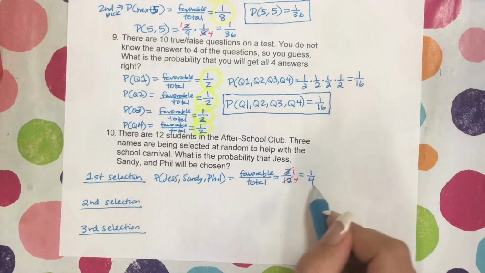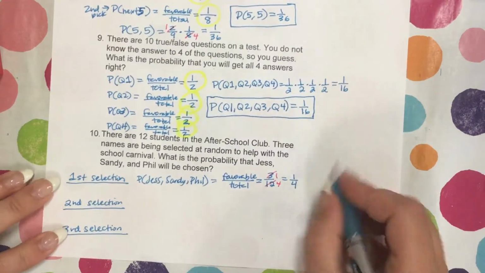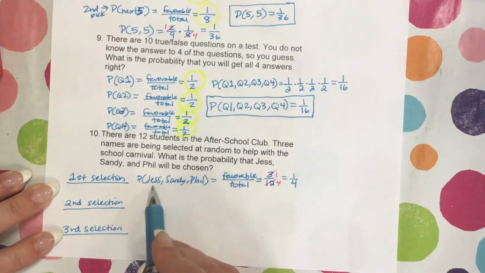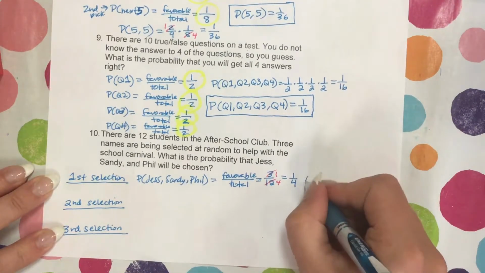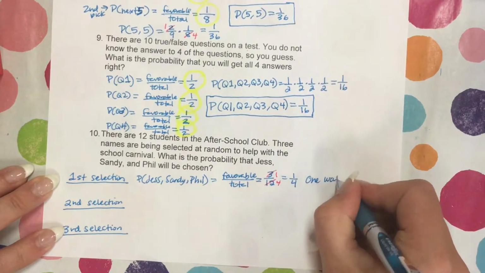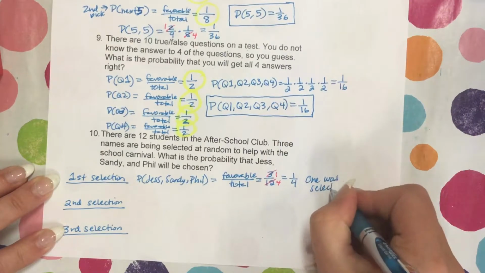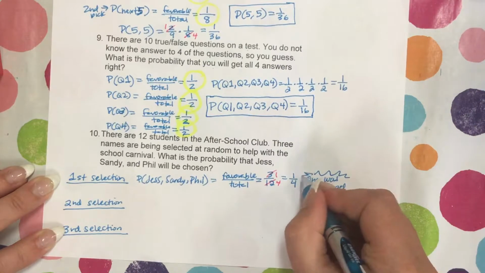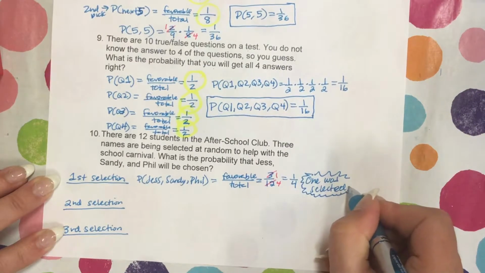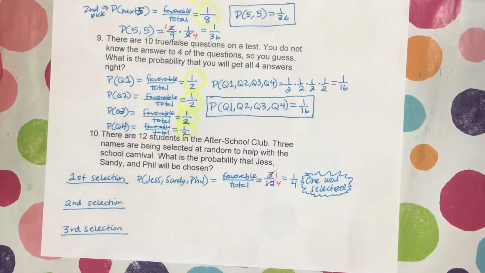Okay, and what this means is that one person was selected. One of these 3, Jess, Sandy, or Phil, we don't know which one, but one was selected here. Okay, one was selected. That's what we know.